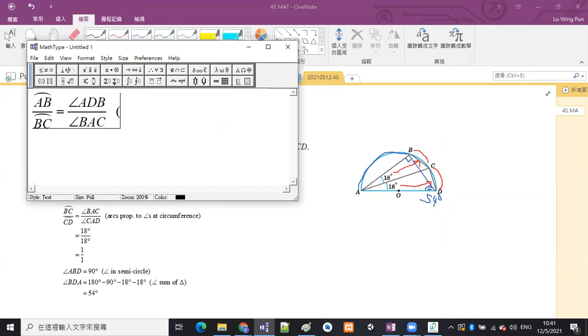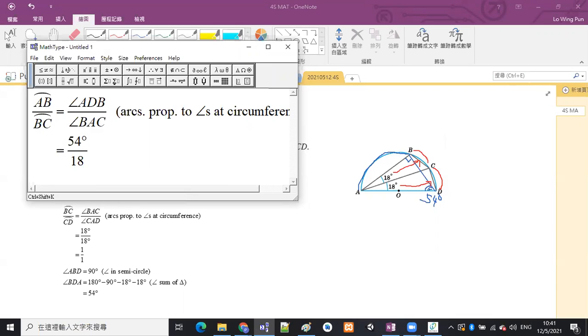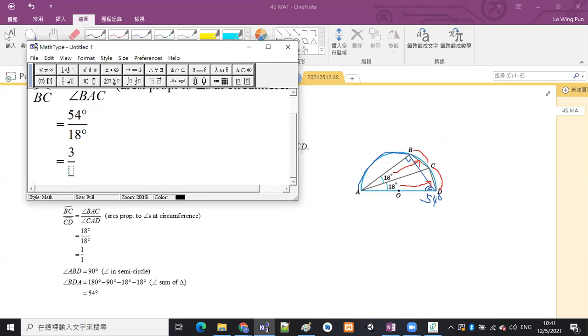At this time it is also arcs proportional to angles at circumference. Okay, and the ratio is equal to 54 degrees to 18 degrees, so it should be 3 to 1.